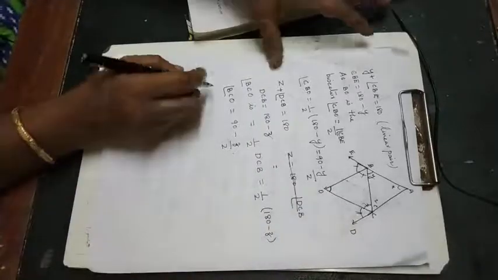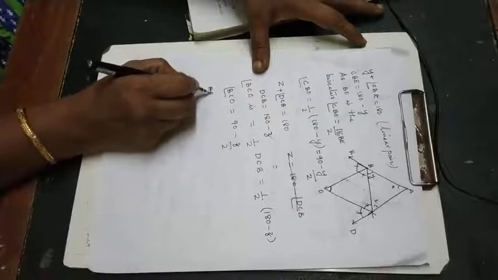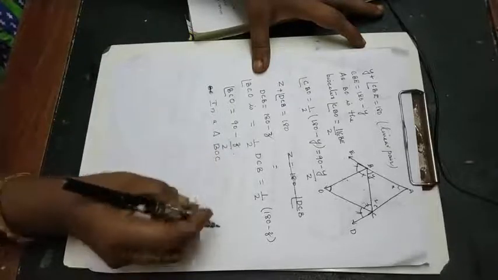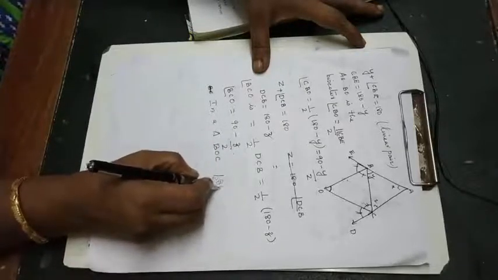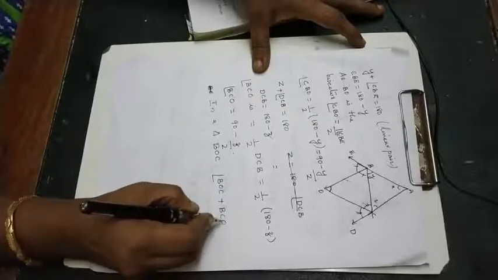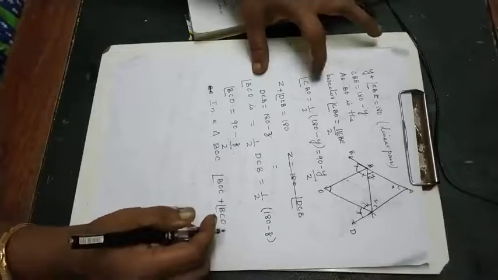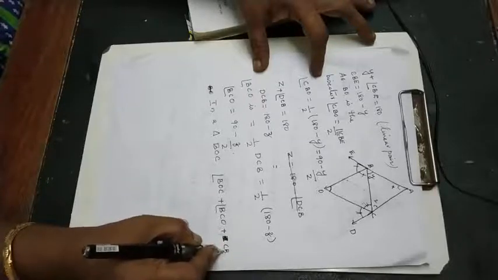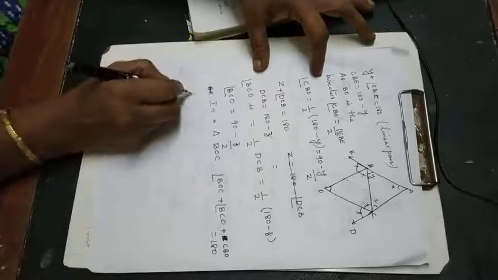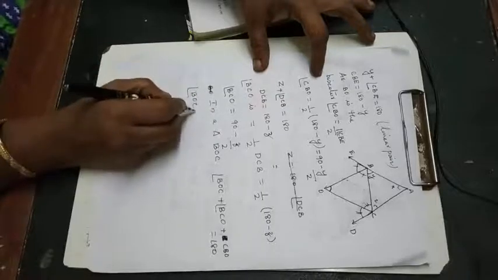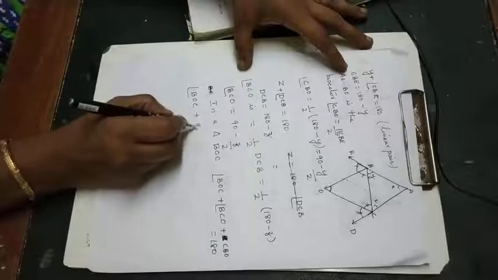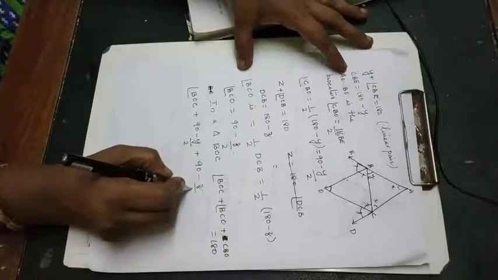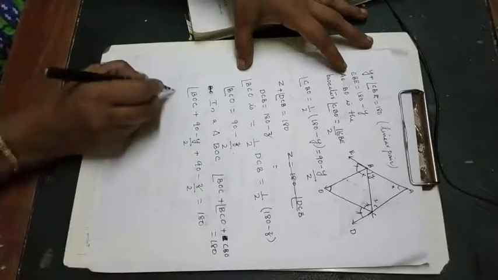In triangle BOC, angle BOC plus BCO plus CBO is equal to 180, or BOC, what is this one, 90 minus y by 2, then here it is 90 minus z by 2, that is equal to 180.